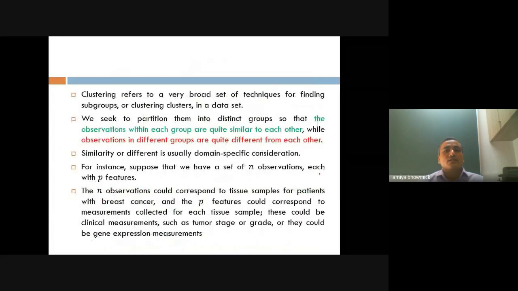So what does clustering say? It says that we seek a partition in the feature space into distinct groups so that the observations within each group are quite similar to each other, while observations in different groups are quite different from each other. Right?